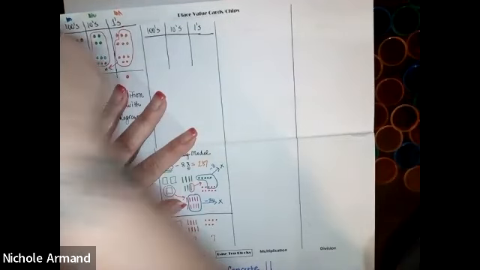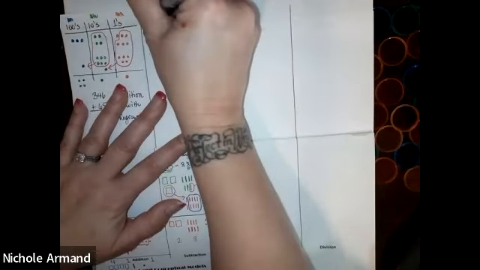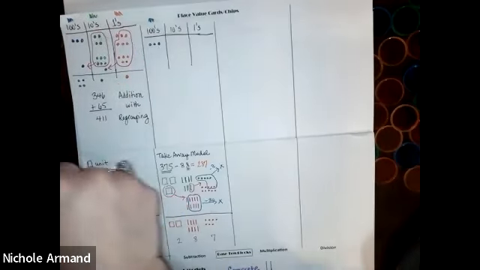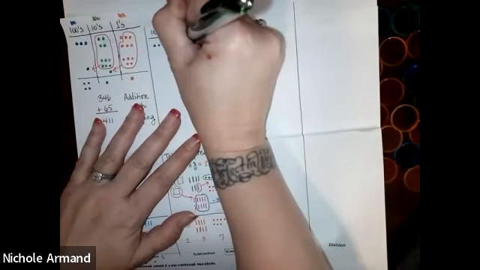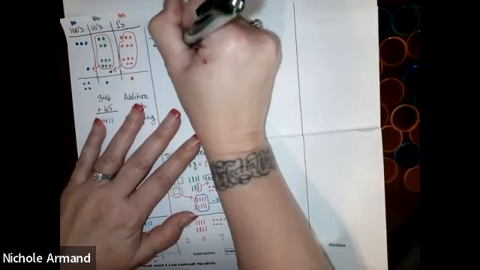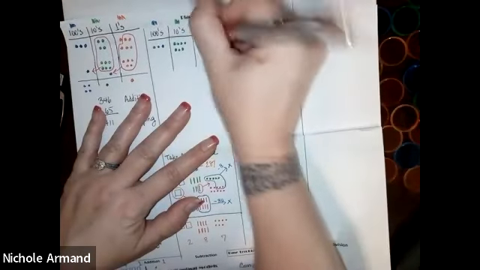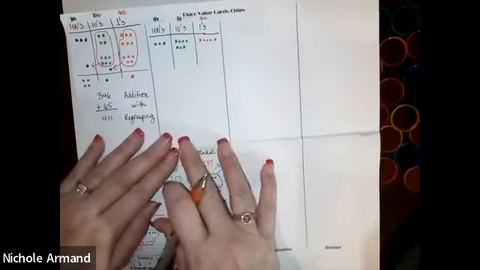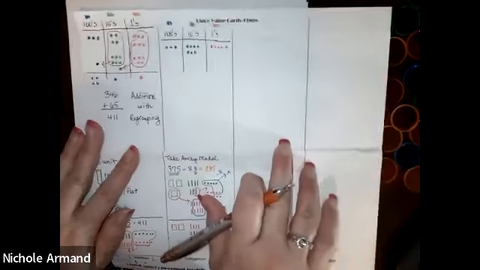So we have the blue, 300, and then the green were the tens. 70, 1, 2, 3, 4, 5, 6, 7. And then 5 ones, 1, 2, 3, 4, 5. And we want to take away 8.